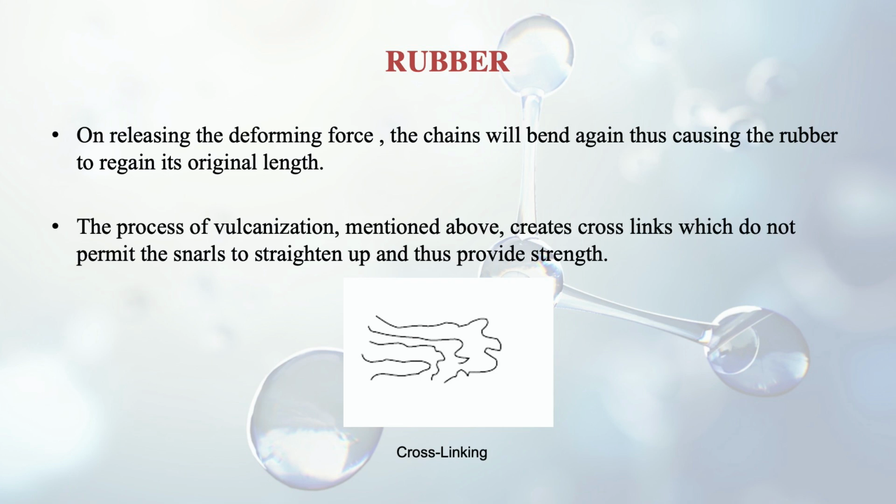But by the process of vulcanization, which we have learnt earlier, cross links are created. Then this straightening up which has happened will not go back to its bent form. Whatever force we applied and it is straightened up, it will remain like that because of the cross links that have been created, and this will provide it strength.